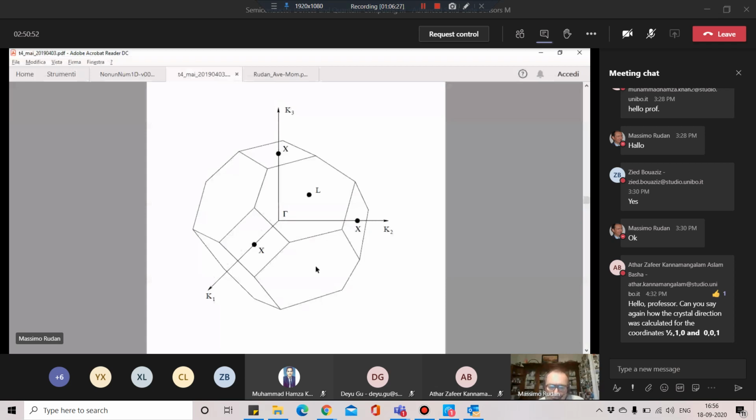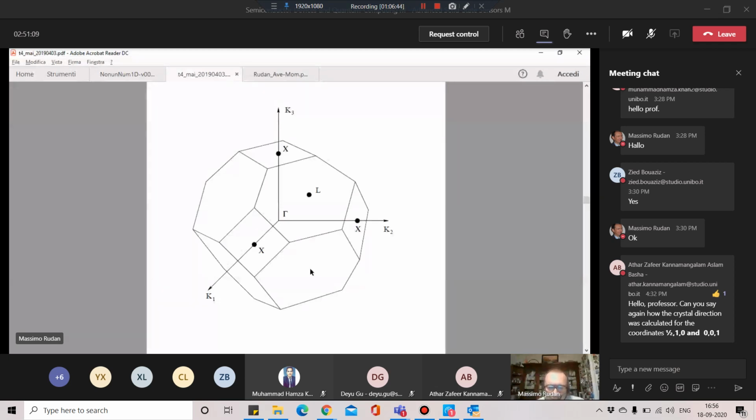This one here would be some combination of +1 and -1. So you have 8 combinations of directions in which the indices are either 1 or -1.